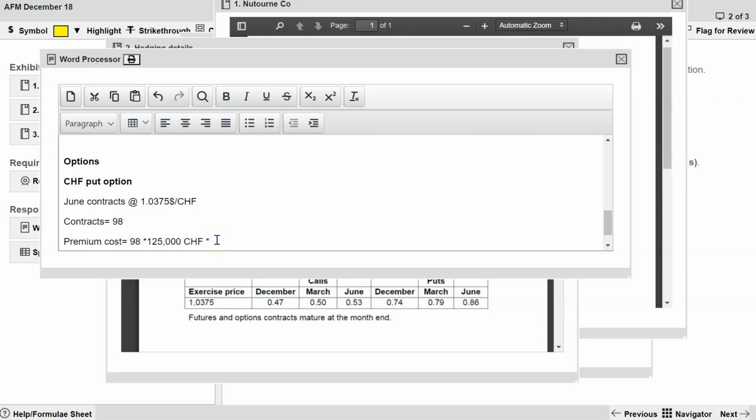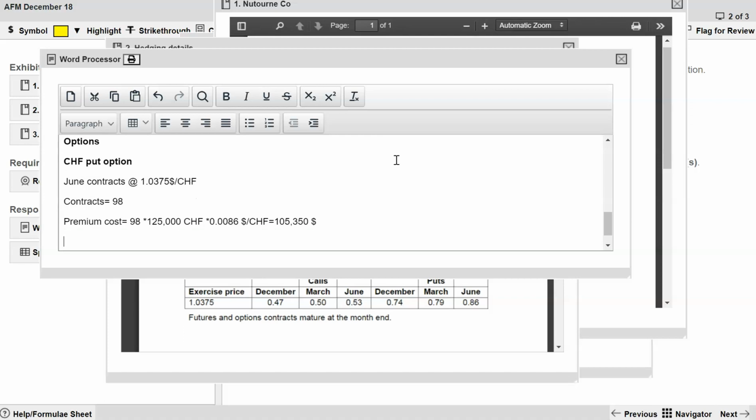So this will be 0.086 dollar over CHF, and it will be equal to 105,350 dollars. There's no need of conversion because your home currency is the dollar.